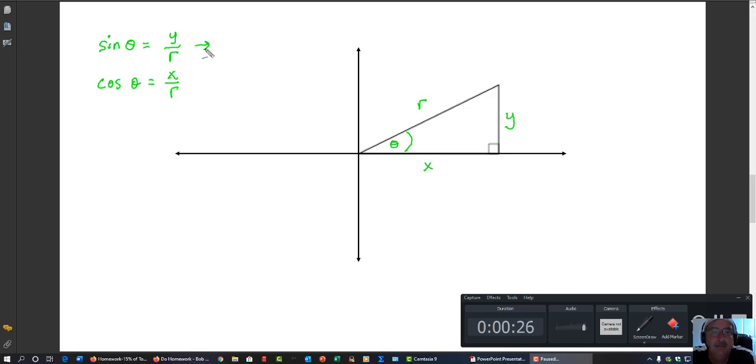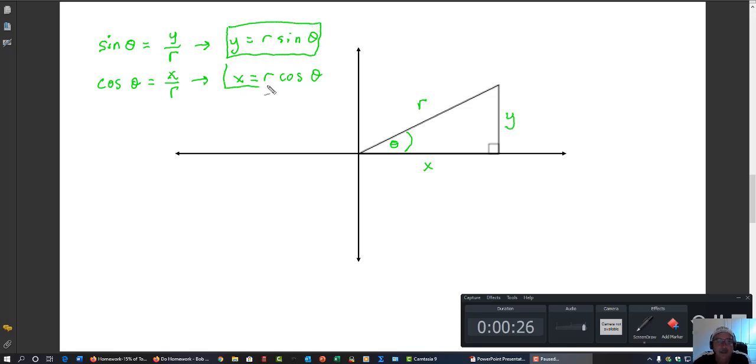So if we wanted to solve this for y and this for x, I hope everyone sees that y would equal r sine theta, x would equal r cosine theta by multiplying through both sides by the common denominator of r. So these first two equations are what I'm calling the first two of the Fantastic 4.